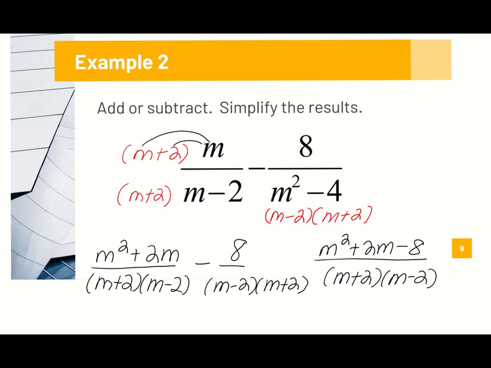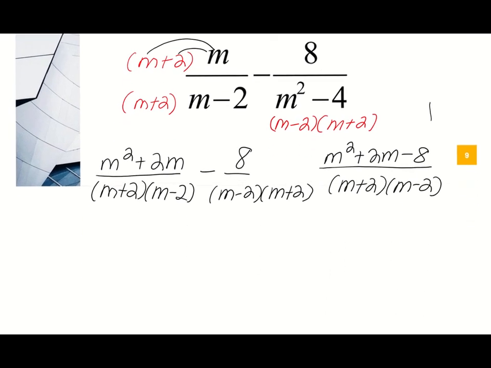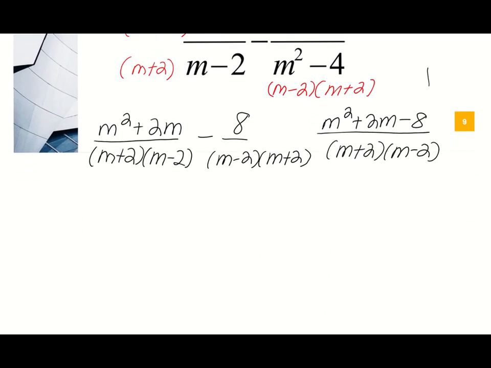Now that I created like denominators and I subtracted, now I have to simplify. And in order to simplify, I have to factor the numerator now. So if I factor the numerator, I'm looking for what adds to 2 but multiplies to negative 8.